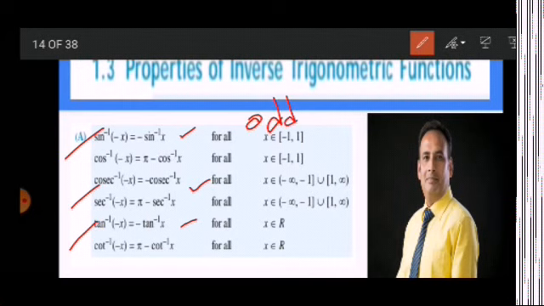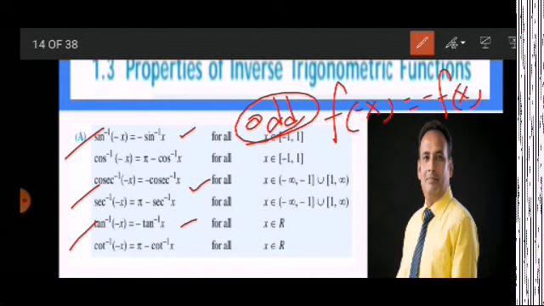What is the condition of an odd function? That is f of minus x equals minus f of x. And you all know well that these three functions share only the first and fourth quadrants. If you go into the range, you will find these three functions share the first and fourth quadrants.